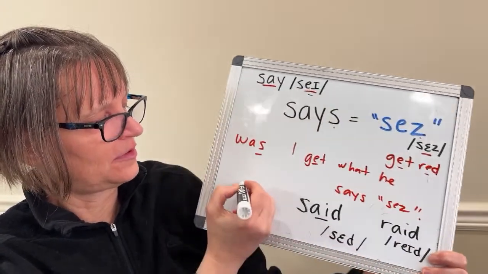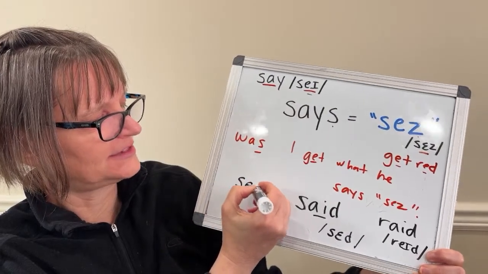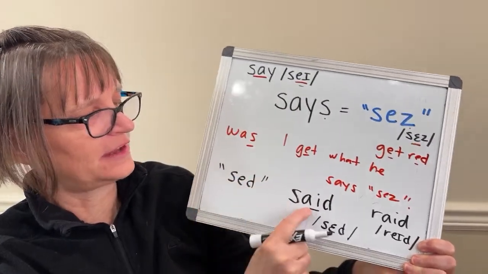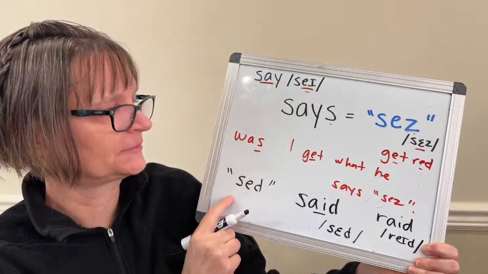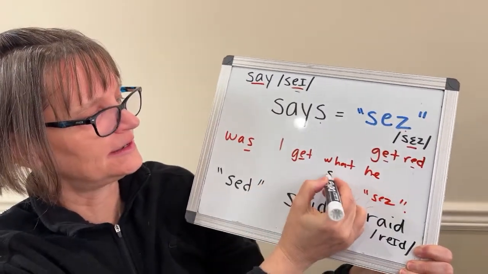And so thinking of it as "sed" rather than visualizing it the other way is going to help you have that correct vowel. He said. Again, I get what he said.